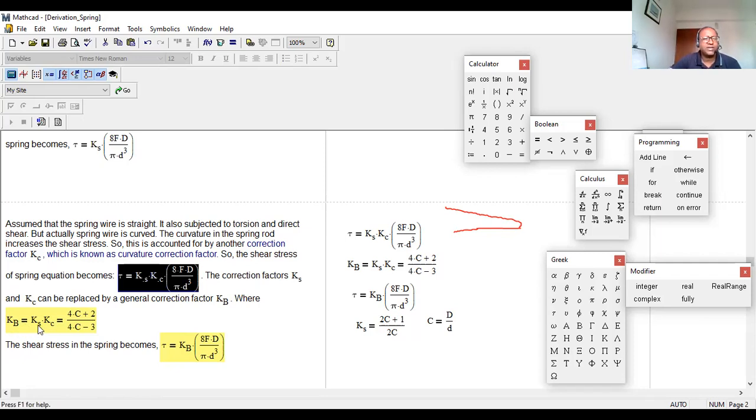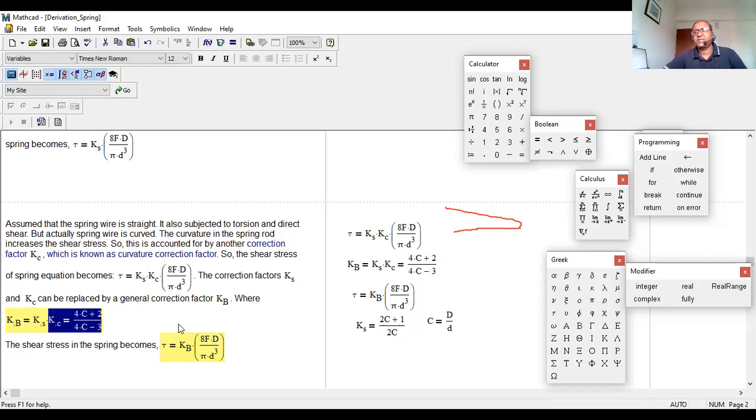Kb equal to Ks into Kc, equal to 4C plus 2 over 4C minus 3.